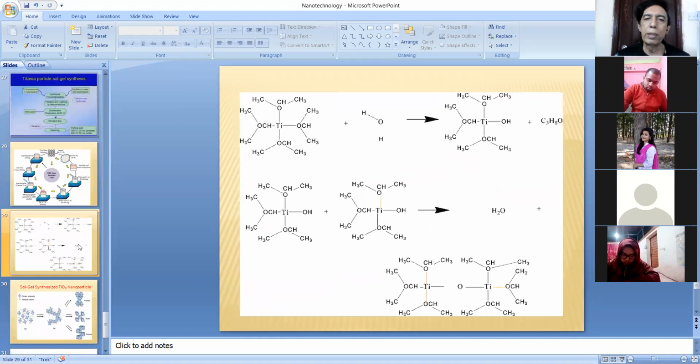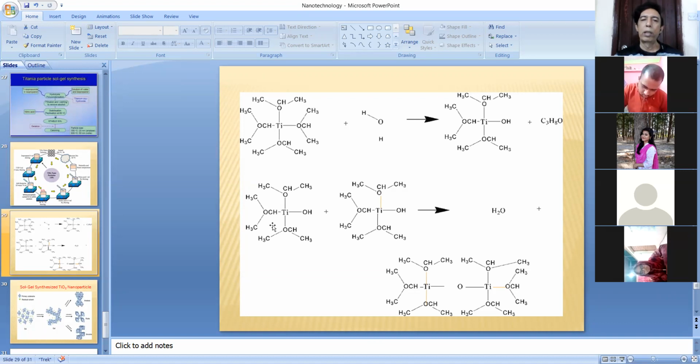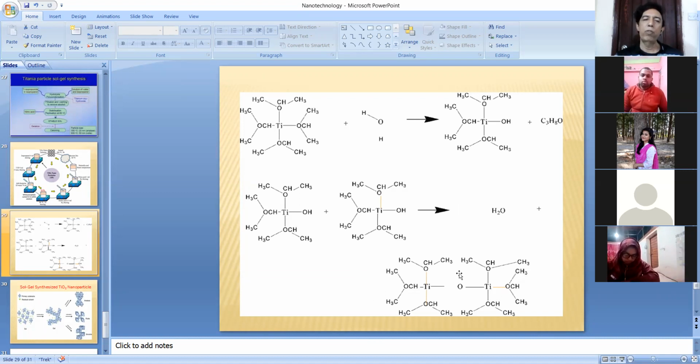Now, this is the reaction of this titanium formation. This is the titanium isopropoxide, and this is the alcohol formation, and these two condense to form this sol, and after drying, you will get titanium dioxide from this sol.